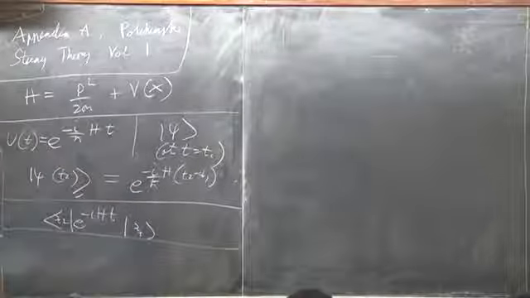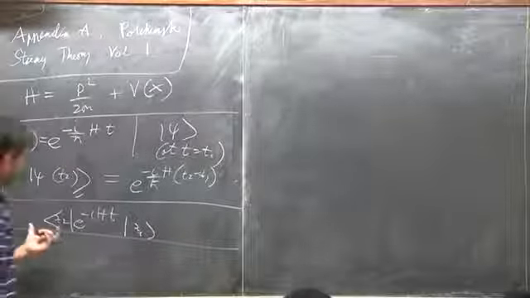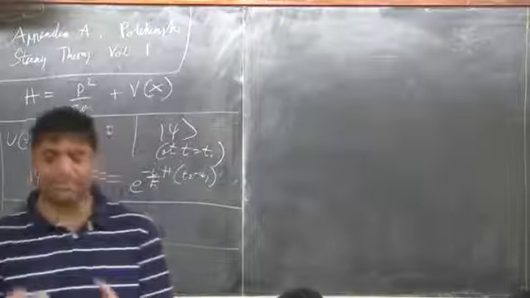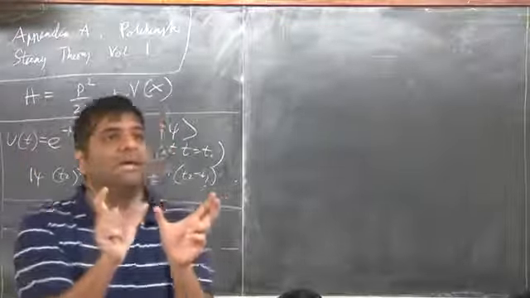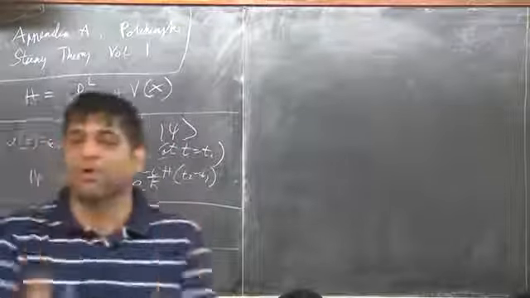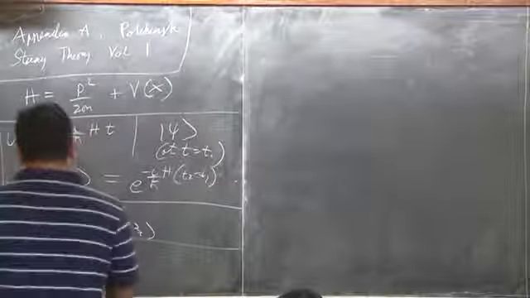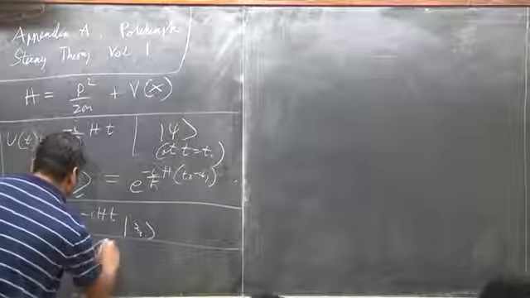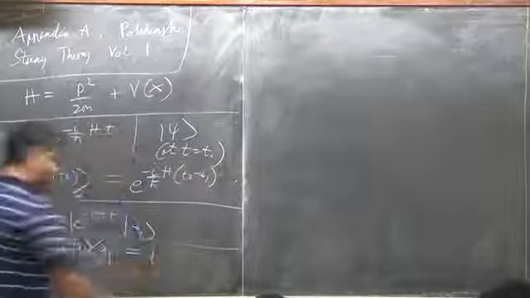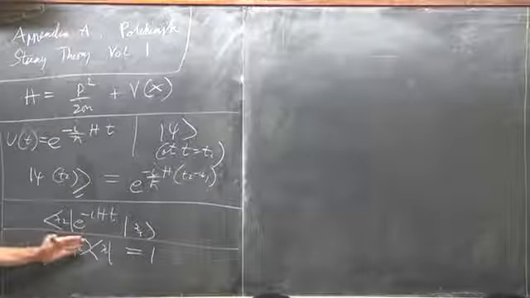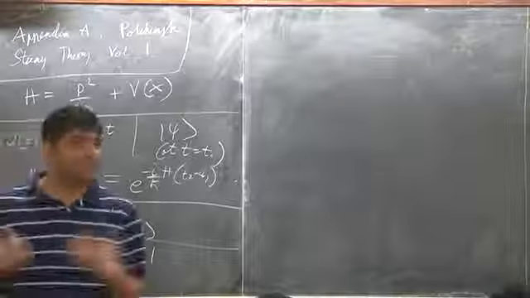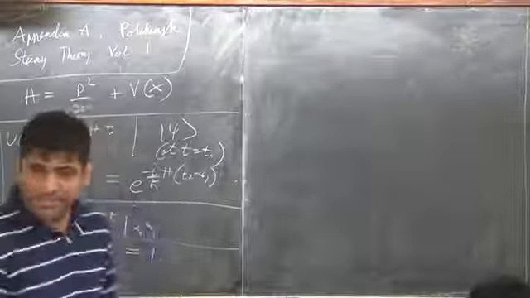Now the key observation here is that this operator can be built out of operators for evolution over smaller times. And the key identity is the completeness of states of quantum mechanics. This is always true. It is just a statement of the decomposition of the identity in a basis.